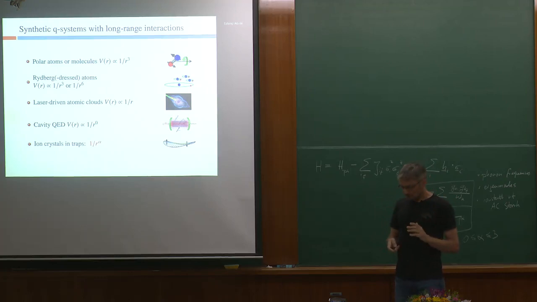And then what people do is they have a cavity where there's usually one light mode that is occupied, and they also can trap atoms inside that optical cavity. Similar to the ion crystals, these atoms will naturally form a kind of crystal, a lattice.